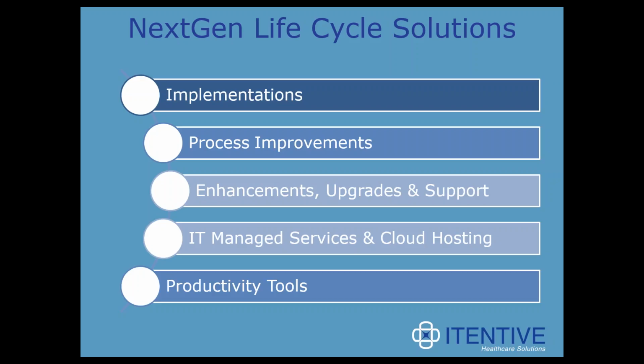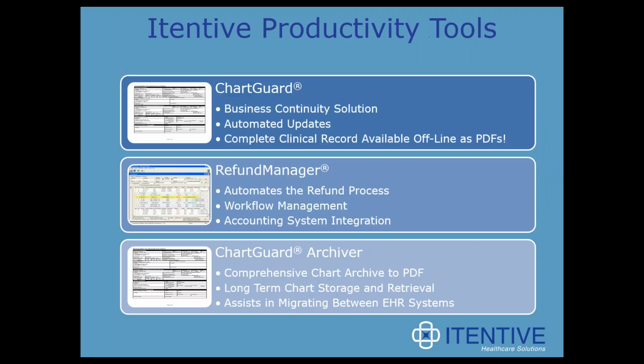And then we have productivity tools, which Chelsea mentioned earlier. RefundManager, which we talked about today, but we also have a product called ChartGuard that is our business continuity solution. Basically it's a piece of software that runs at night, every night. It looks at your appointment listing for all of your appointments that are scheduled to come into each of your office locations, and generates a patient chart for each of those patients coming into the office, and then sends that chart to a PC at each of your locations.